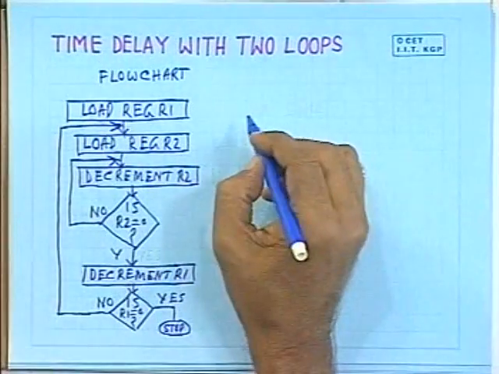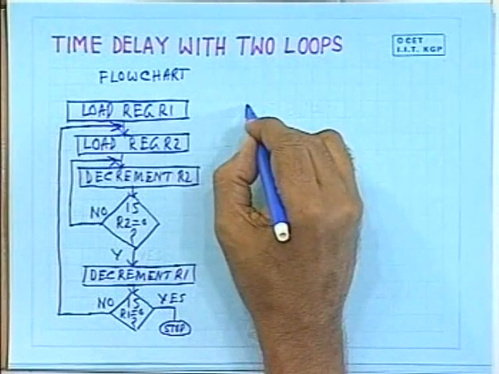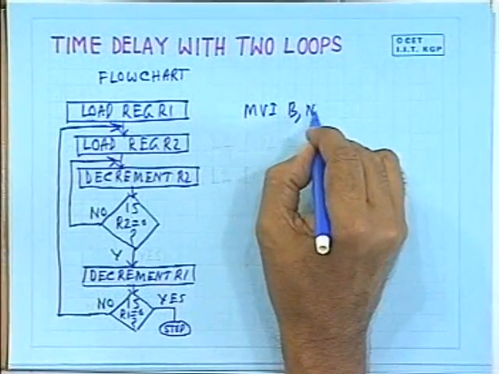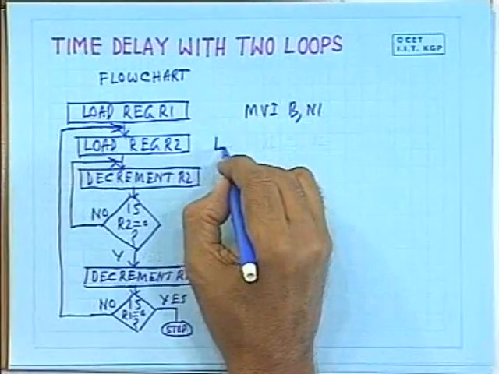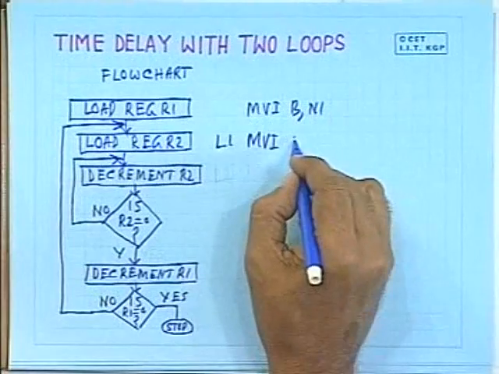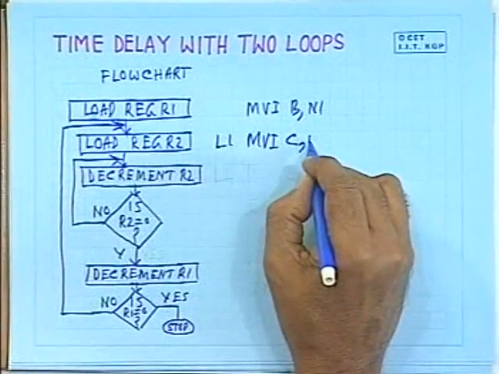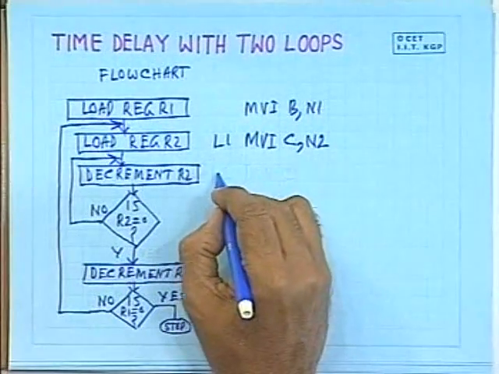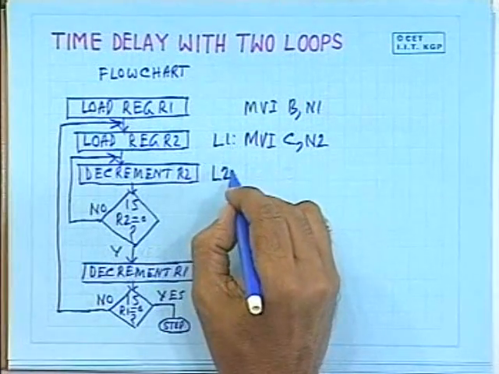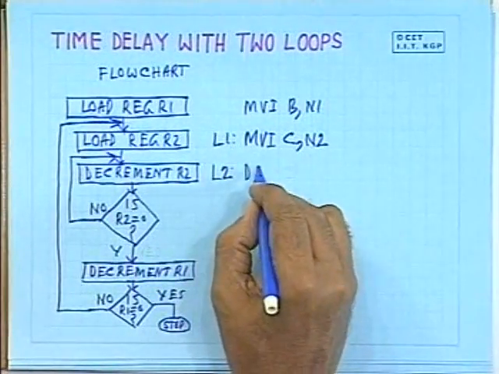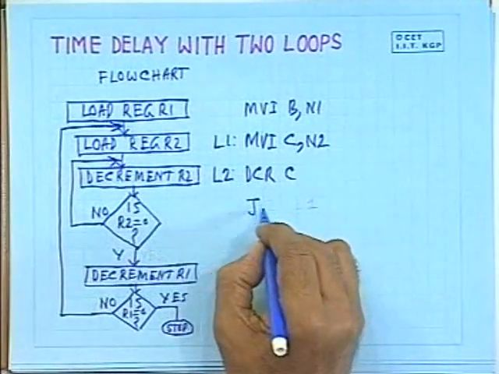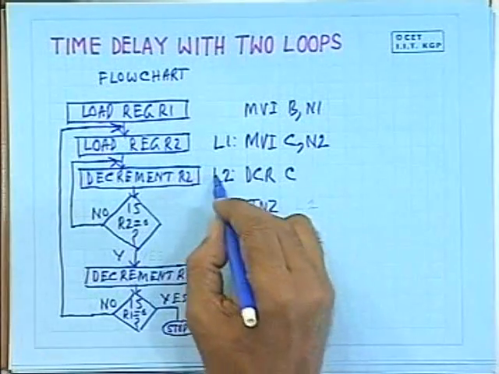And you can write the code for it. It is very simple. MVI, say B is used to store N1, then loop L1, outer loop, MVI another register C as N2, then the label should be here, decrement C, then jump to L2.